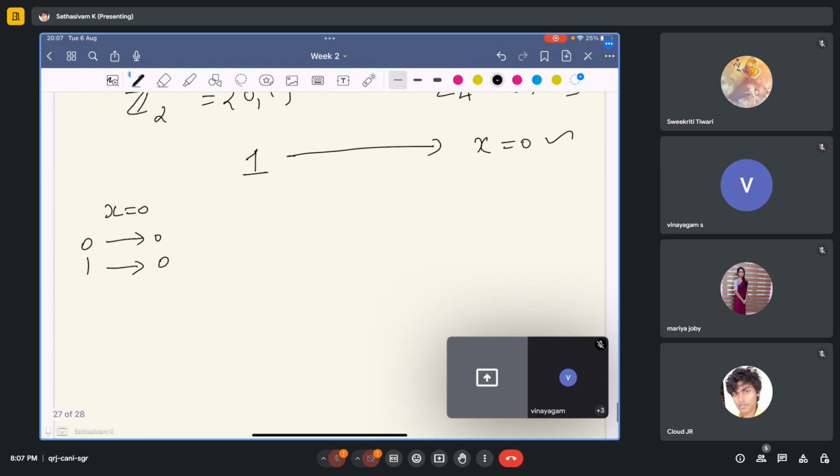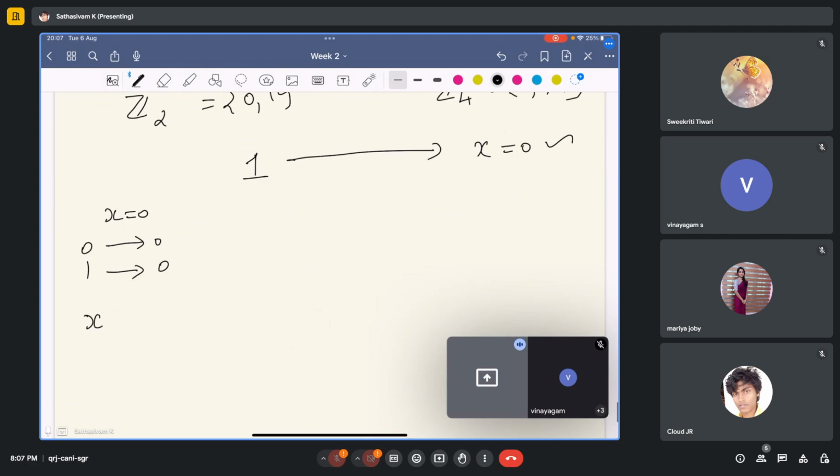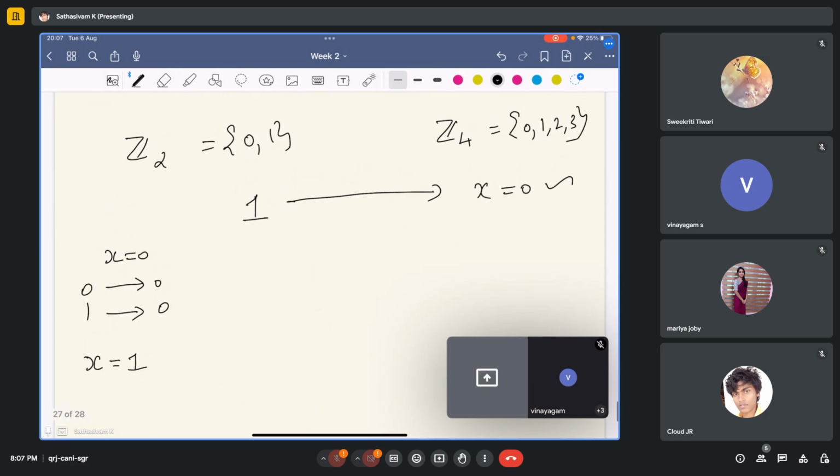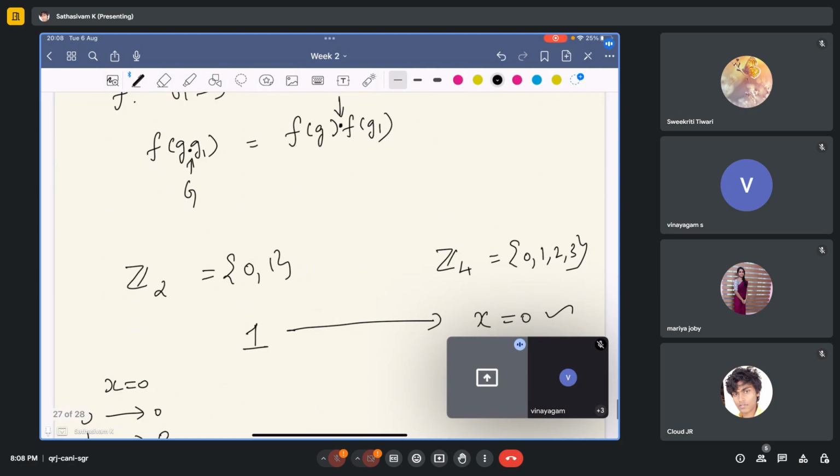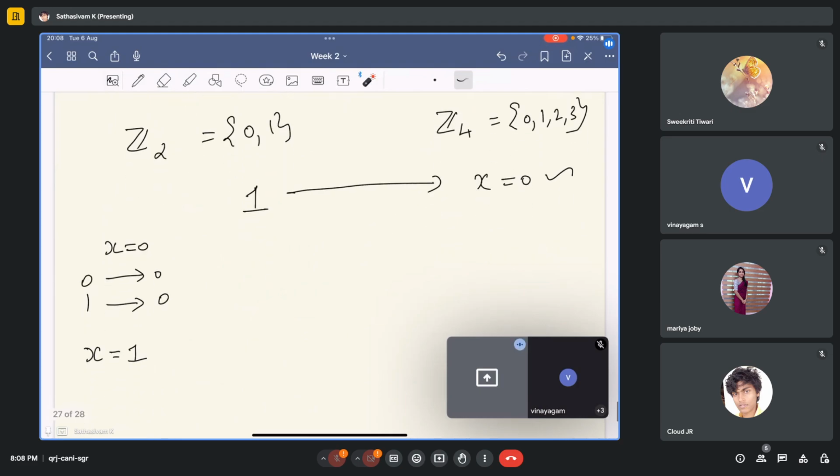Okay. So what about the other case where x equal to 1? So the question is whether it is possible. Okay. So if you look here, this is a group such that 1 plus 1 is actually 0. Suppose this 1 maps to 1 here, let's assume.